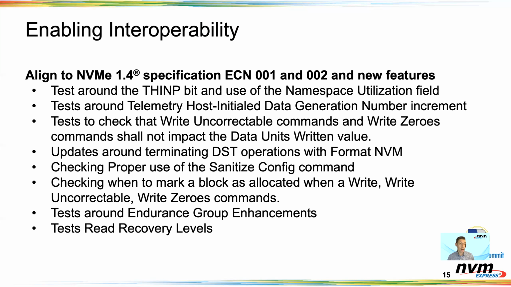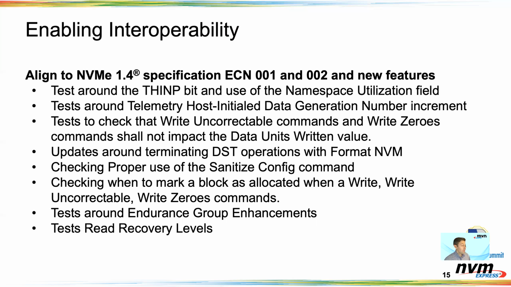So it makes sense that a write command makes the data units written value increment. Write uncorrectable and write zeros commands do not impact that. So we created some test cases to make sure that those aren't incorrectly incrementing that data units written value and giving the wrong idea of the drive's use or life or health or things like that.